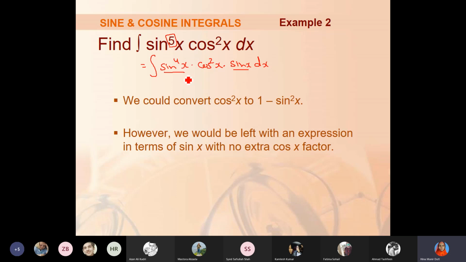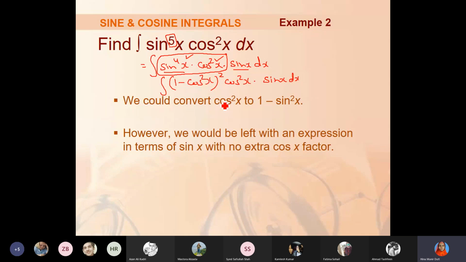Sine 5x. Now, the derivative of cos x is sine of x, so I need to convert all these into cos x. This is already in cos x. Convert this into cos x: 1 minus cos square x whole square, cos square x, sin x dx.